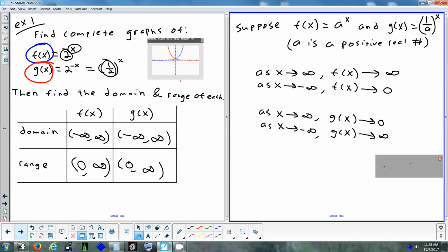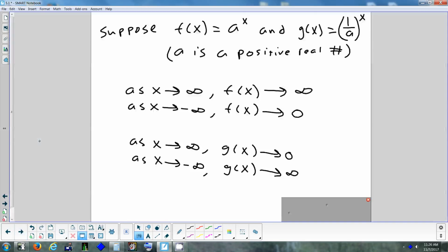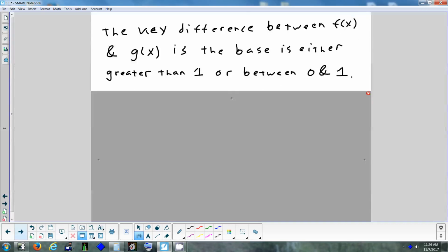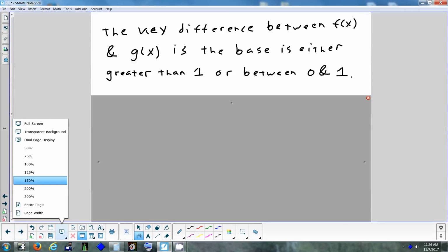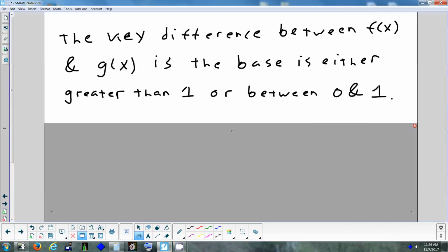So the whole key here is: is the base bigger than 1, or is the base a fraction less than 1? And again, it'll never be negative because I said we're not dealing with negative base. So if you have a base that's greater than 1, I think I said it earlier, that's called exponential. Anybody know what it's called if it goes up? Yeah? Growth. Right.